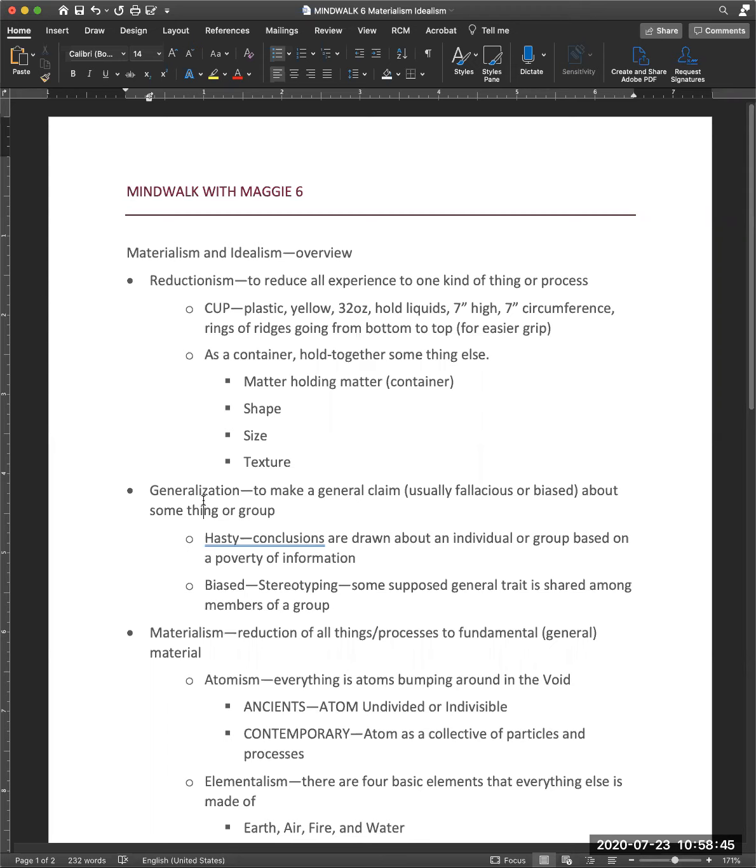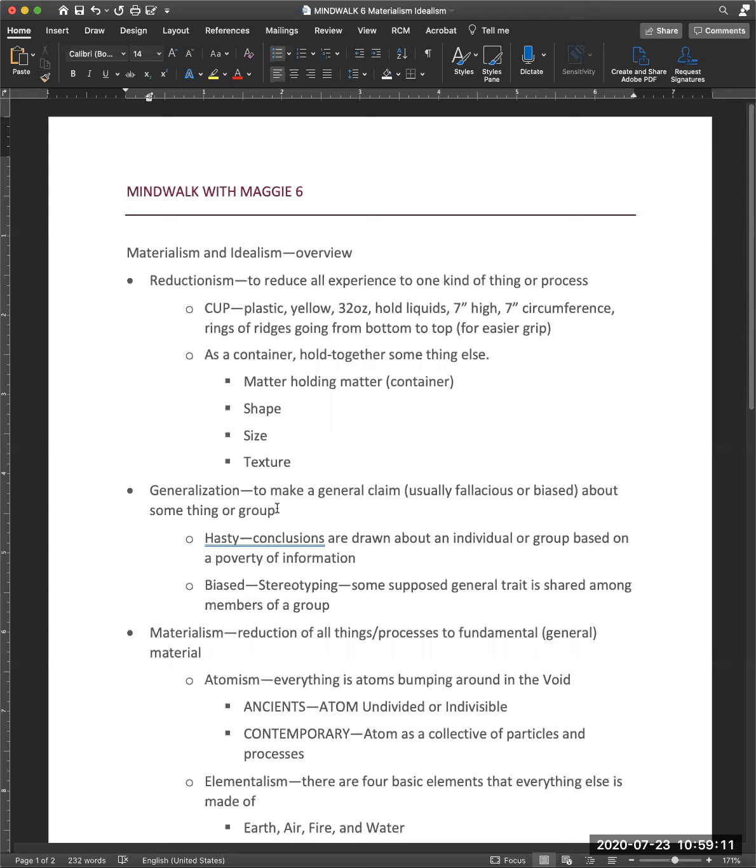All right, now, the issue we get here, if reductionism is a kind of vicious pattern where you reduce something down to matter, right? So we say this, to reduce all experience to one kind of thing or process. Generalization as a logical or analytical tool is basically about making certain claims.